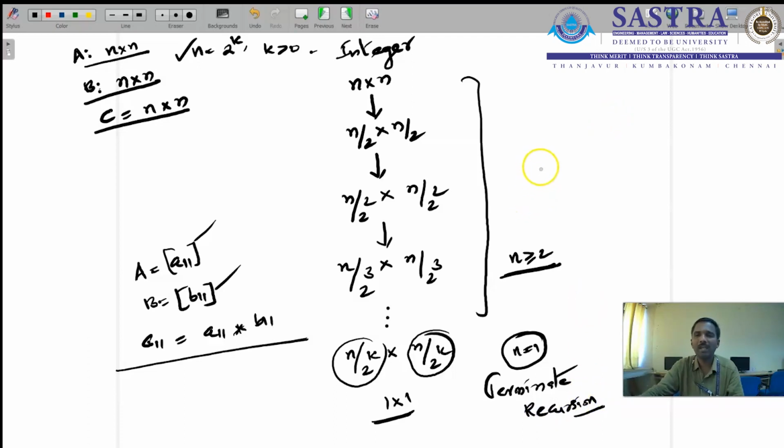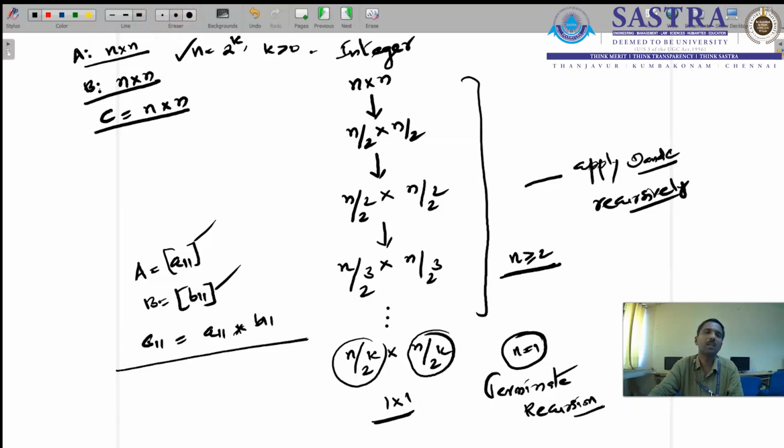For n greater than or equal to 2, apply the divide and conquer logic. So apply recursively the computations of CIJs using the intermediate calculations P, Q, R, S, T, U and V.